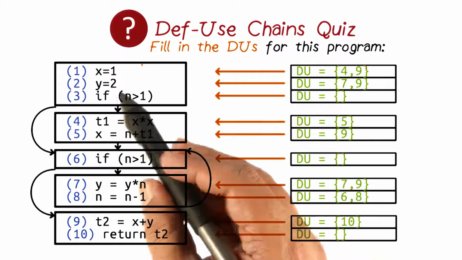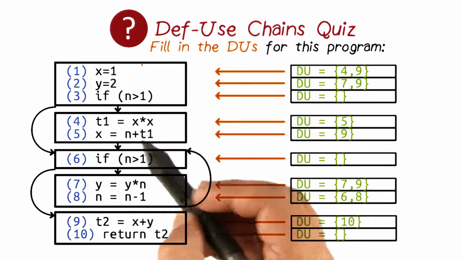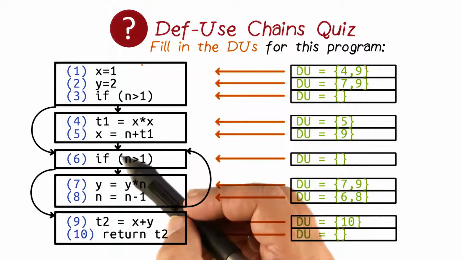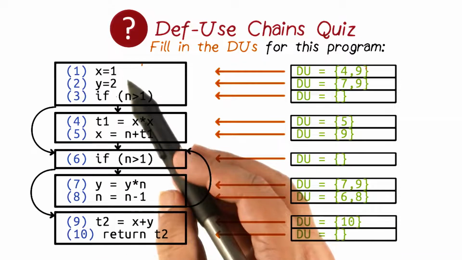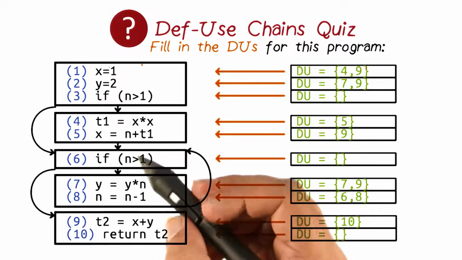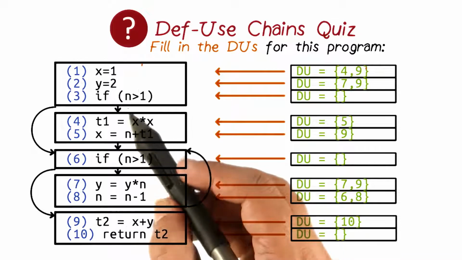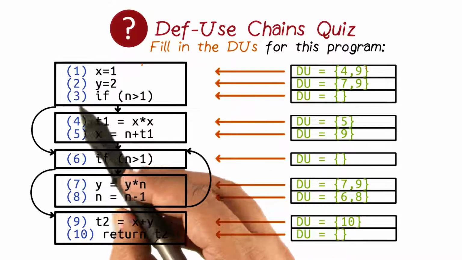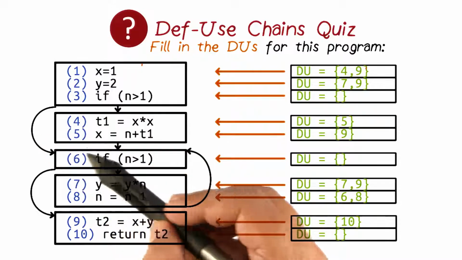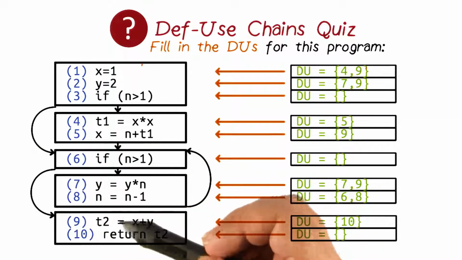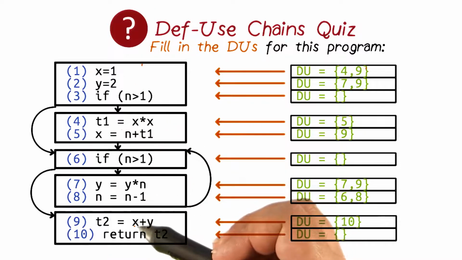Remember that if we, on the other hand, take this particular control path, where x is redefined, then if we keep going down this path, we won't be able to use this x, which is sitting as x equal to 1. But that's not the point. As long as there is a path along which we can carry this x around and deliver it to that x, then that definition is being used over here.